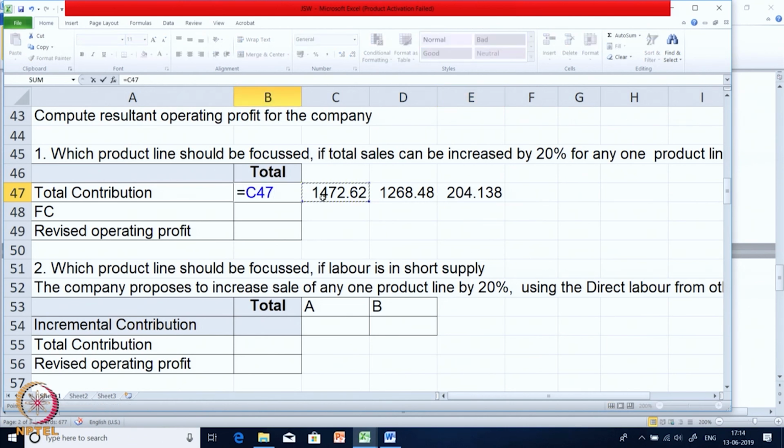We will continue the current contribution and to that add only 20% of A. So revised total contribution becomes 1726.